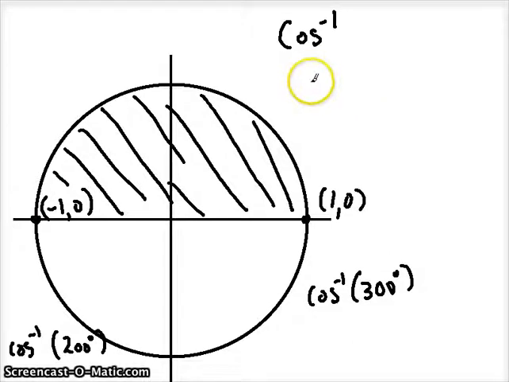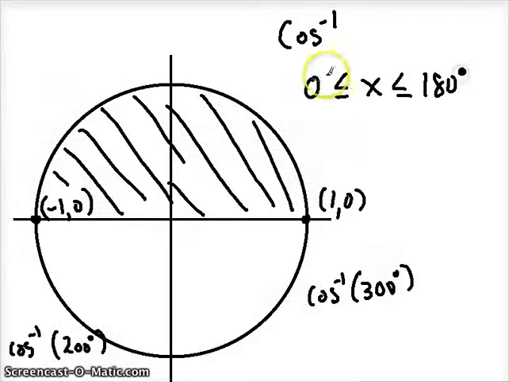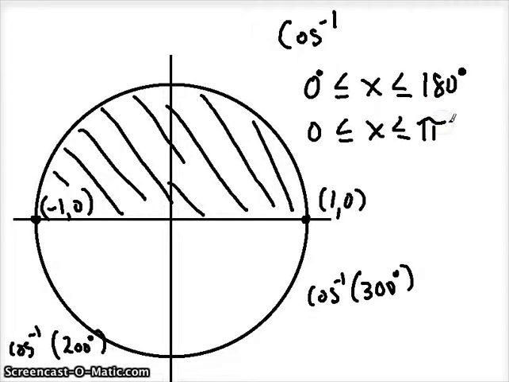So 0 over to 180 degrees, or in terms of radians, 0 radians over to π. So those are the only possible inverse cosine values.